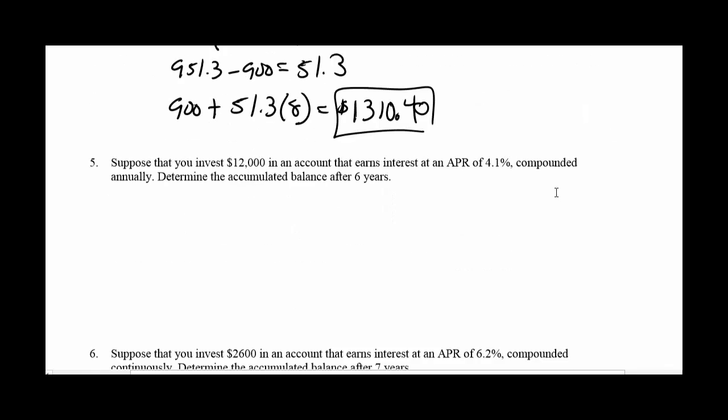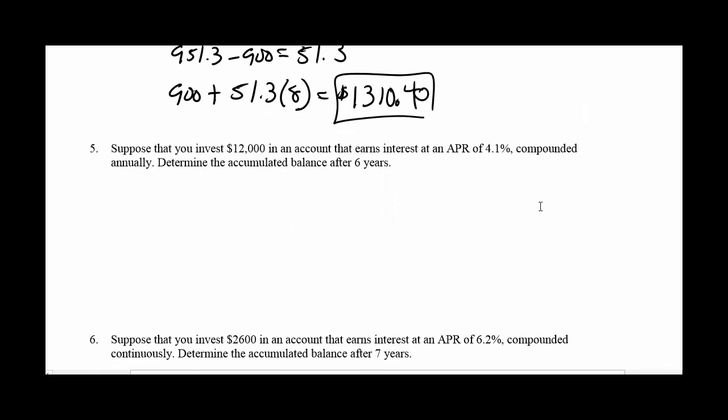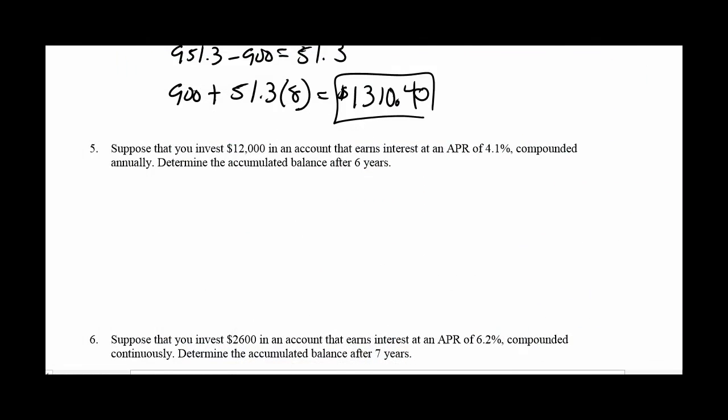Number 5, suppose we invest $12,000 in an account that earns 4.1% compounded annually. Determine the accumulated balance after 6 years. Okay, so this is kind of a variation of that first question, except now we get to compound it annually instead of the simple interest. So again, I'm going to show you that one on this one.